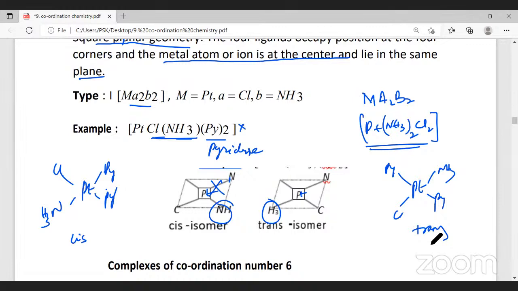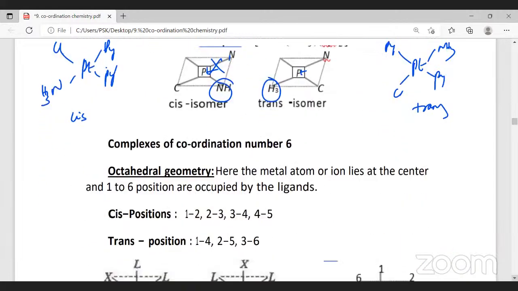Now coming to complexes with coordination number 6. When the coordination number is 6, it will show octahedral geometry. What do you mean by octahedral geometry? You know what square planar is. In a square, the metal is at the center, and at the 4 corners we have 4 ligands.